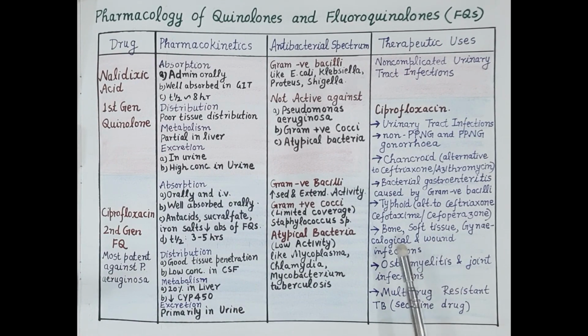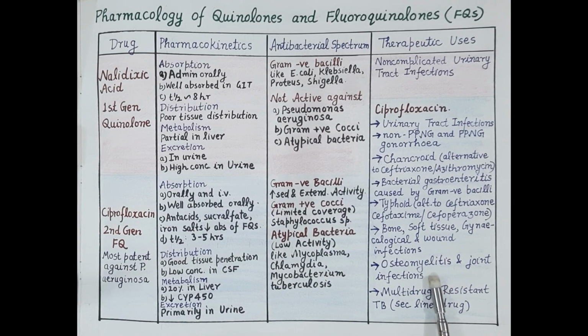It's very effective in the treatment of bone, soft tissue, gynecological and wound infections caused by resistant gram-positive staphylococcus and gram-negative bacilli. And high cure rate has been observed with ciprofloxacin in osteomyelitis, that is in the bone infections, and also in the joint infections.